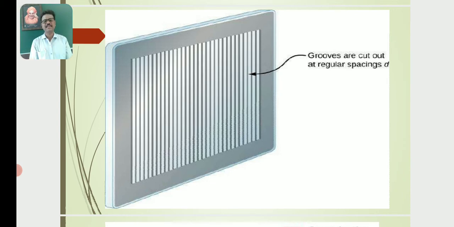So the system consists of alternating transparent and opaque spaces, all of equal width. This is the diffraction grating.